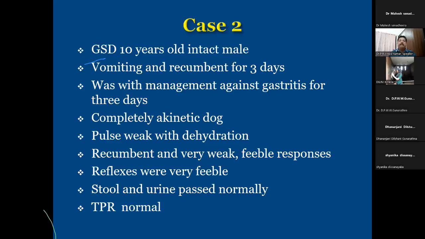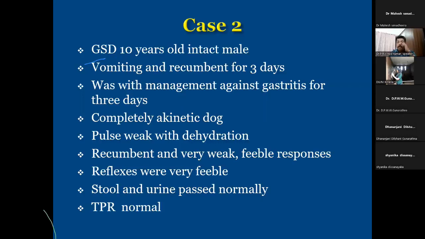If it is about 10 kilograms, of course, after 10 years it becomes geriatric. But if it is below 10 kilograms, suppose a Pekingese of 7 or 8 kilograms, and he is 10 years old, it is not a geriatric dog.